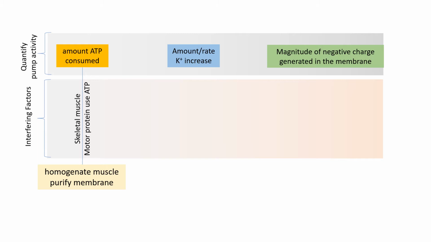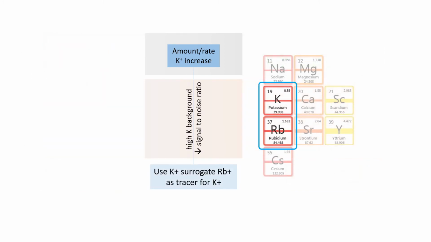To get rid of that interfering factor, we have to homogenate the muscle and purify the membrane. In the case of measuring charge generated in the membrane, there are other charge carriers, for example, sodium and potassium channels. So we have to block all sodium and potassium channels to be able to measure the specific charge generated by sodium potassium ATPase.